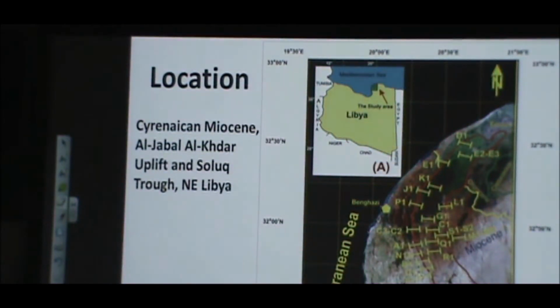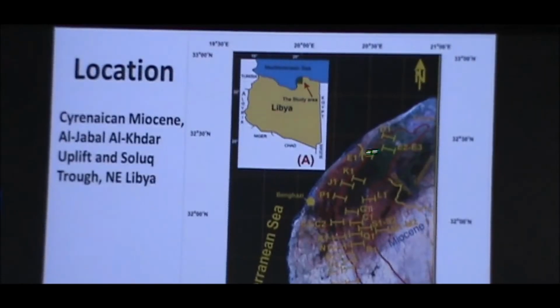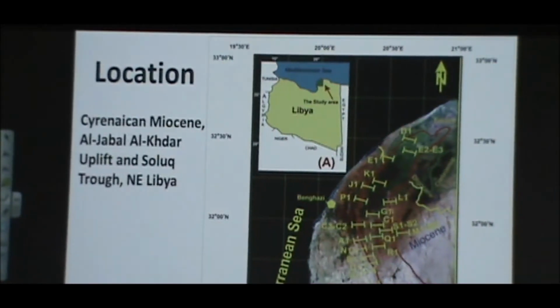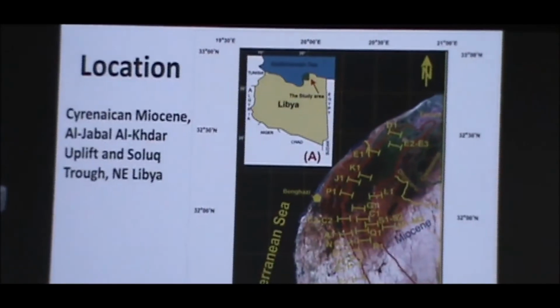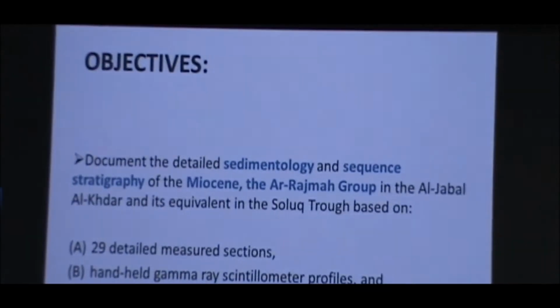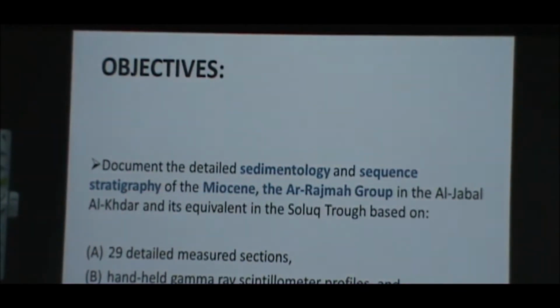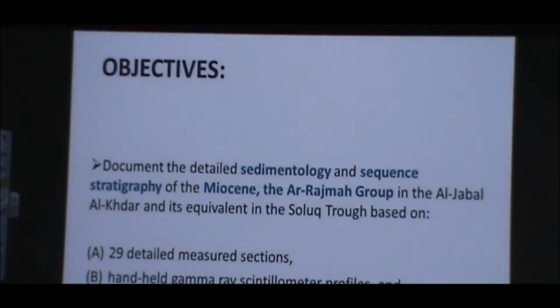And we got most of our described sections in the field along these escarpments. The objectives for the sedimentology and sequence stratigraphy part were to have detailed documentation of the Cyrenaican Miocene sedimentology and sequence stratigraphy.